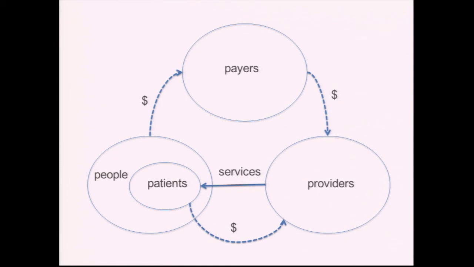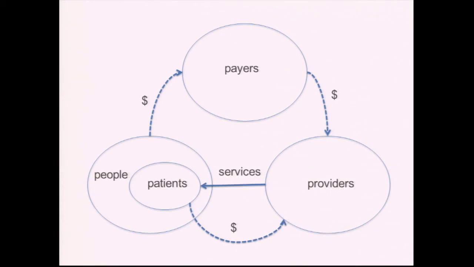Payers then turn around and make payments to the people who provide care, right? So now instead of having the bulk of the payment go from the patient to the provider, we have a new channel. People have paid money into these health insurers or payers. The payers in turn make a payment to the provider when an individual seeks care.